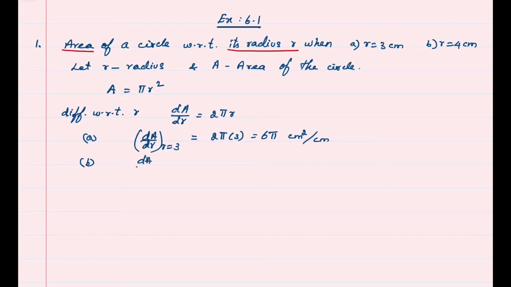Similarly, dA by dr when r is equal to 4 centimeters, 2 pi times 4, which is 8 pi, and the unit is centimeter square per centimeter. The values which are given in the question should be substituted after differentiation, not before differentiation.